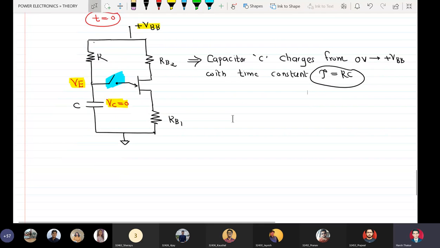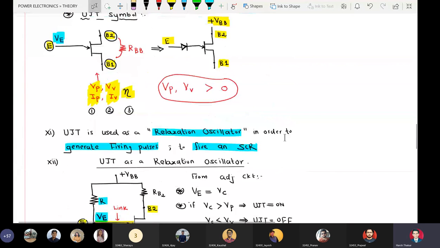So now they are a combination. The value of R will decide how fast or how slow the capacitor will attain the value VBB.